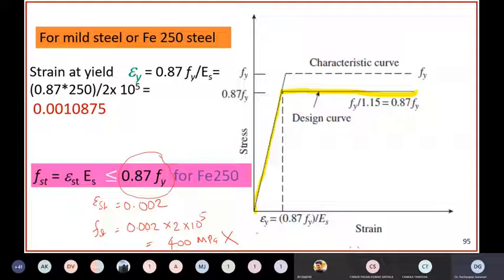So this FST will always be less than or equal to 0.87 Fy. 0.87 into Fy, with Fy as 250, is approximately 217. So your FST cannot be more than 217. Is that clear? Because your curve is straight here. It is constant, not increasing. It is constant at 0.87 Fy.